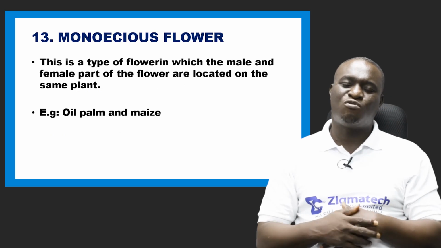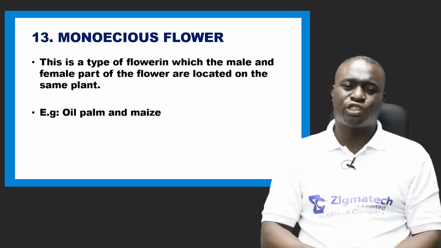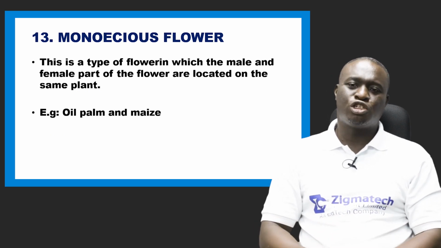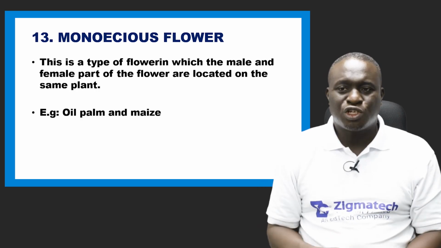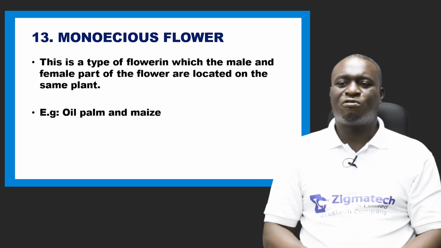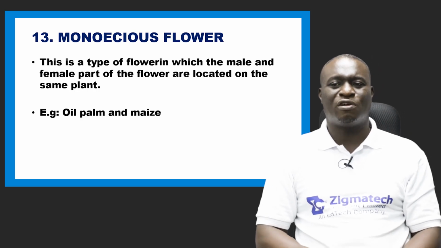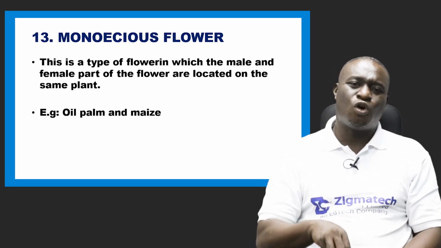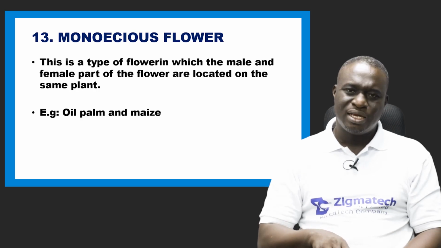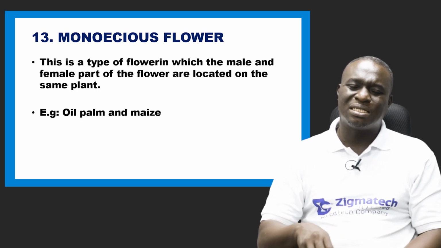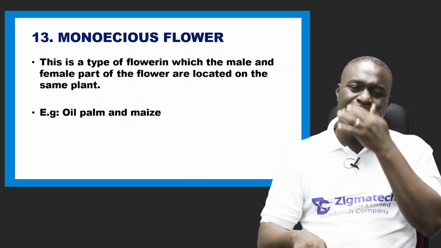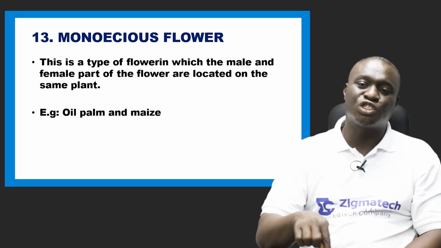Then we also have what we call monoecious flower. Now, monoecious flower, this is a type of flower in which the male and the female parts of the flower are located on the same plant. If they are located on the same plant, it is referred to as a monoecious flower.